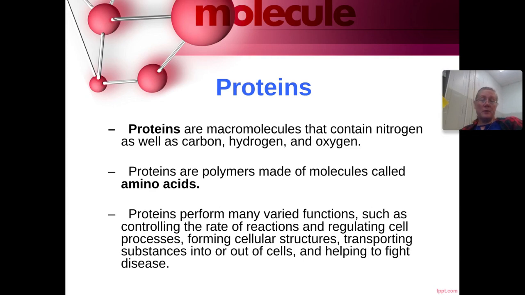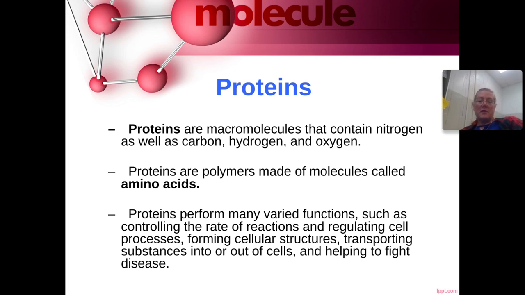Proteins, here's another macromolecule we talk about a lot. They contain nitrogen along with carbon, hydrogen, and oxygen. The polymers of proteins are molecules called amino acids. Proteins perform many different functions, such as controlling the rate of reactions and transporting substances into and out of cells.